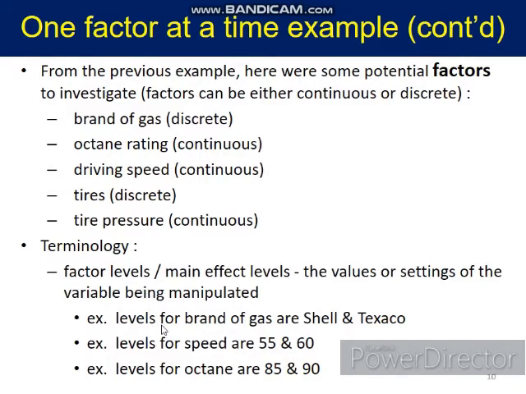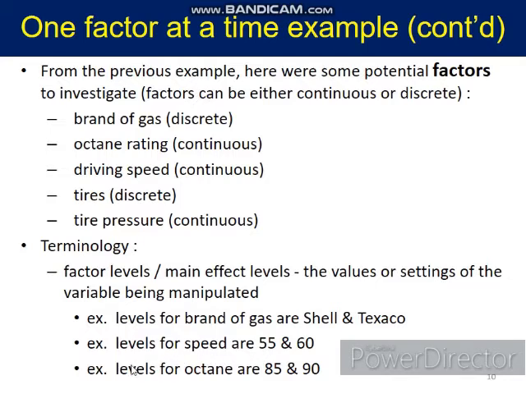For example, if you're talking about brand of gas, your factor would be brand of gas. The levels would be Shell and Tesco. The other example is the factor is speed, driving speed, and the levels are 55 and 60, let's say kilometers per hour or miles per hour.